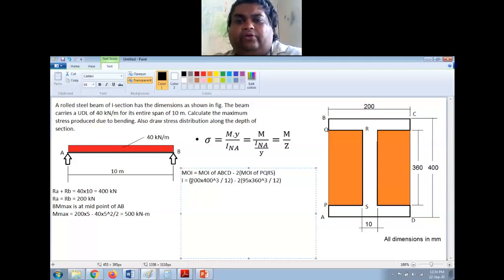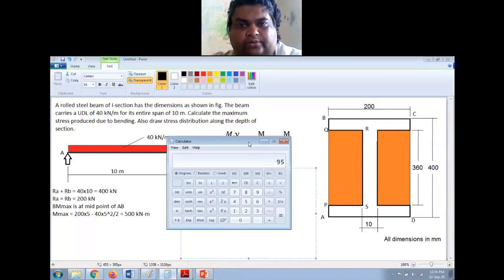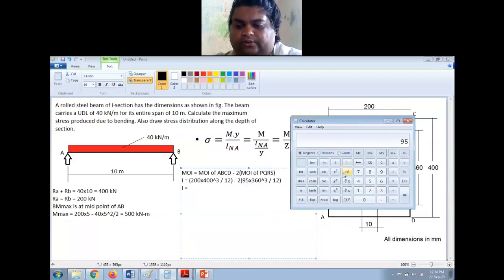Okay. So now if you solve this, you will get the moment of inertia for this entire cross section, right? So I is equal to 200 into 400 cube by 12 minus 2 into 95 into 360 cube by 12.